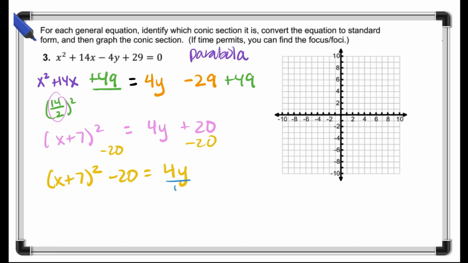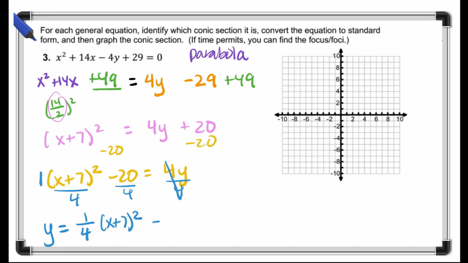We're going to divide everything by 4, because we are going to get y by itself. So we always have x equals or y equals again. We have x plus 7 squared, and we do have 1 over 4. And remember, with a parabola, we always had that 1 over 4p in the front. So we had some type of fraction in the front.